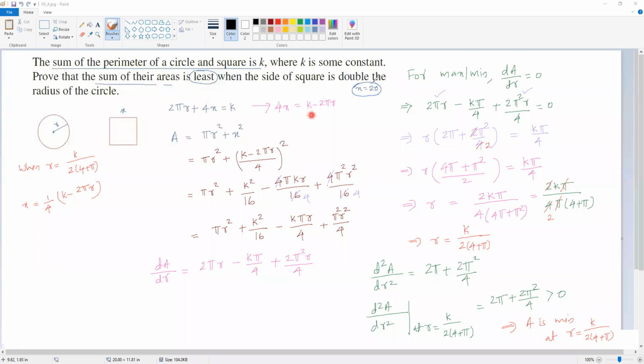So from there x is equal to 1 by 4 into k minus 2 pi r, which is equal to 1 by 4 into k minus 2 pi into r. r is equal to k divided by 2 into 4 plus pi.